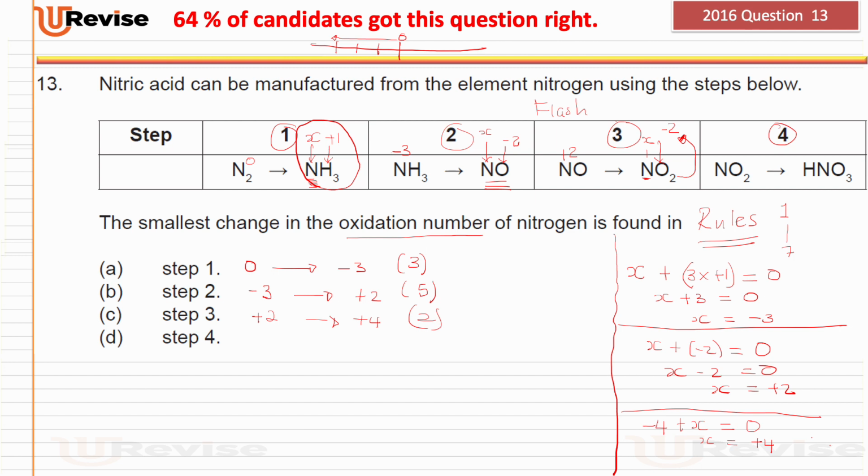And then the last one, step number 4, nitrogen dioxide. We've already worked this one out. The oxidation state of nitrogen is +4 here. But now let's take a look at it in nitric acid. Oxygen has an oxidation state of -2 because it's not directly bonded to fluorine, number 1.